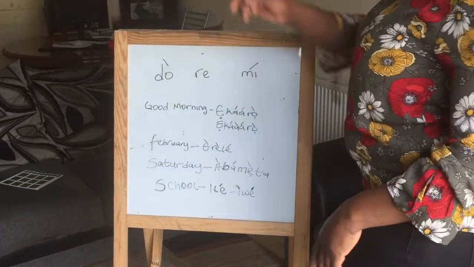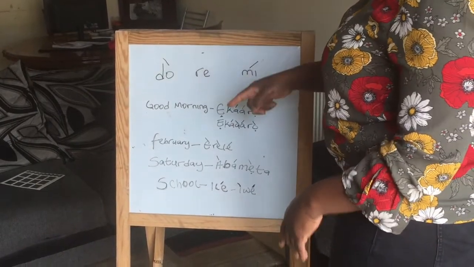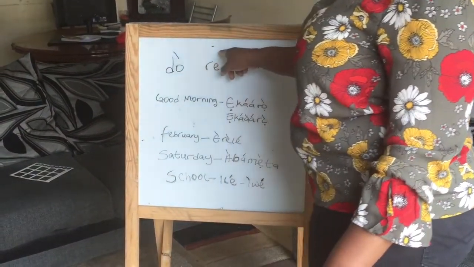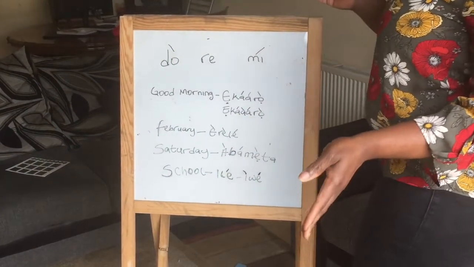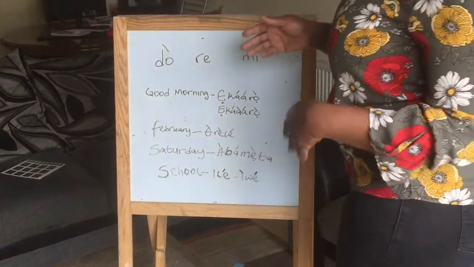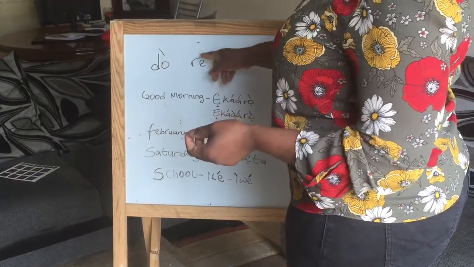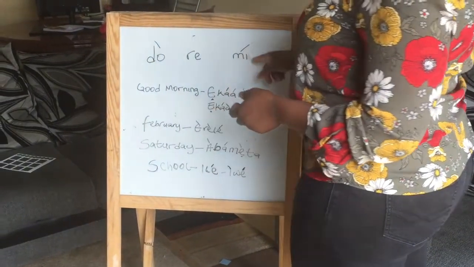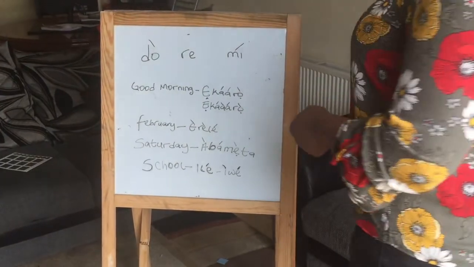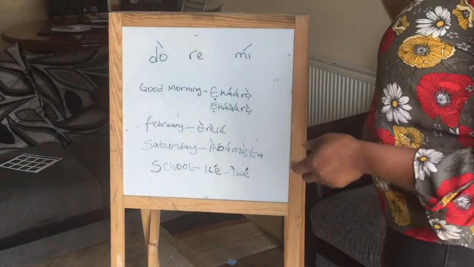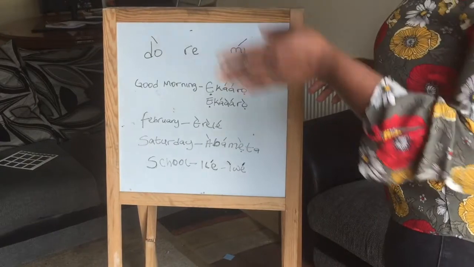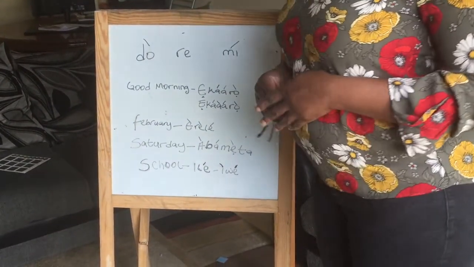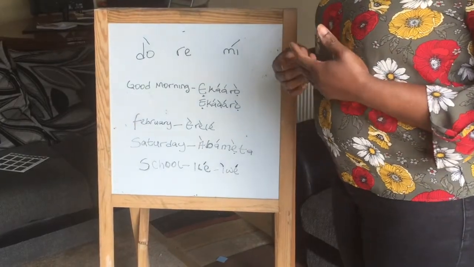And re, some people put a dash on the top of re, but most of the time they don't just put anything on it. It doesn't really have any mark on it most of the time, but some people put a dash on top of it. And mi is a slash down from the right. So do is a slash down from the left, and mi is a slash down from the right. So that's how you differentiate the marks there.